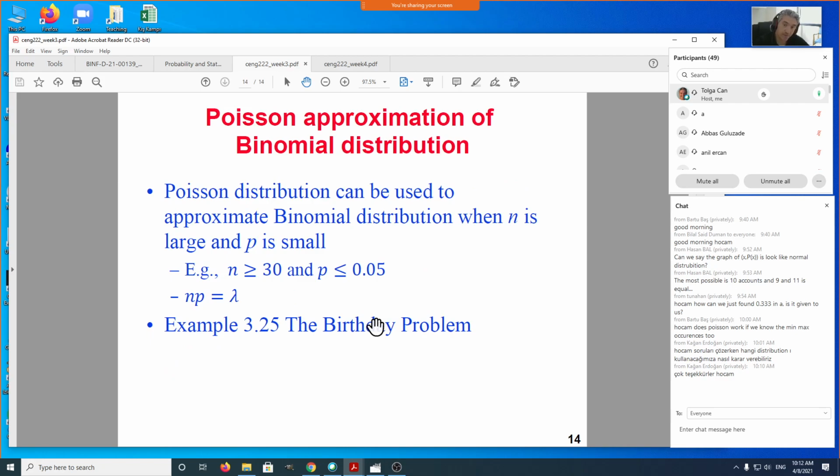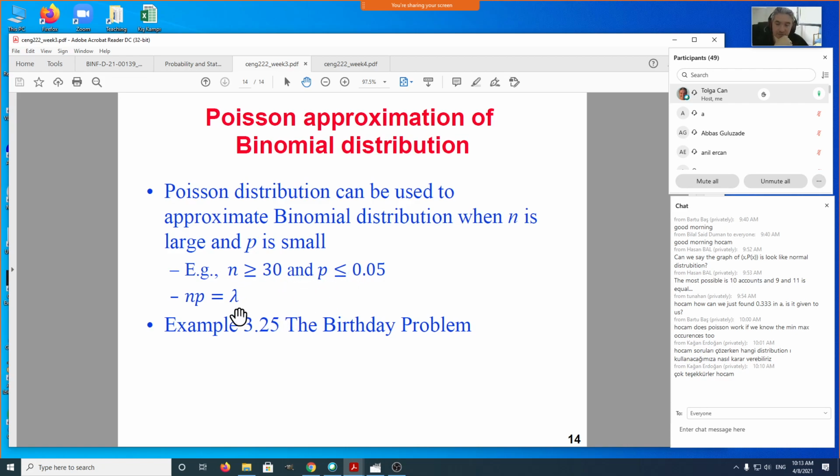There's also, when you look at Poisson, when lambda is large, in other words, when we have small probabilities and a large n, we can actually approximate binomial problems with Poisson. When the number of trials is large and the success probability is small, like this, we can say that in this number of trials, the average number of successes is n times p. We know that the expected value of binomial is n times p.